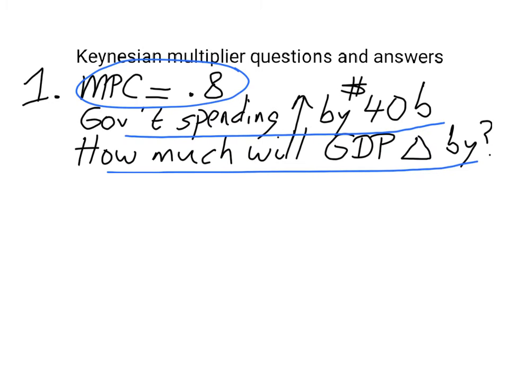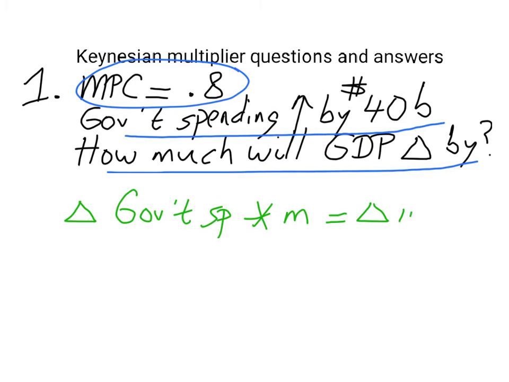So, in order to solve this problem, we first have to realize that the equation to help solve this problem is that the change in government spending, change, by the way, I'm abbreviating with the Greek letter delta, so the change in government spending times what's called the multiplier is equal to the change in overall GDP.